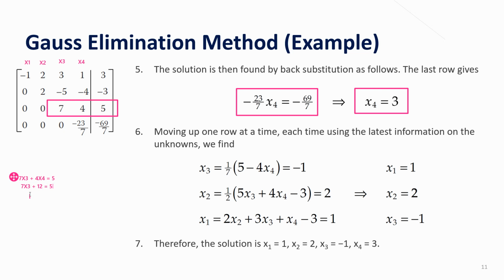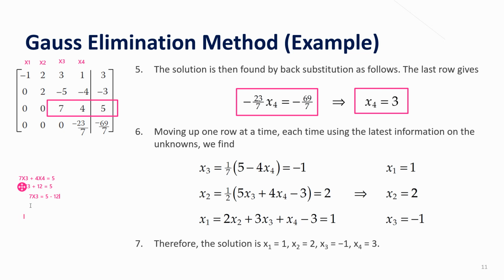So then you have 7 multiplied by x3 equals 5 minus 12.